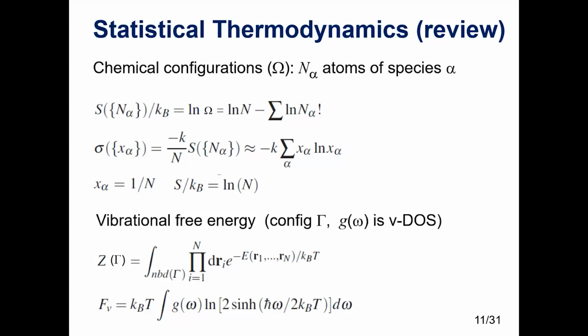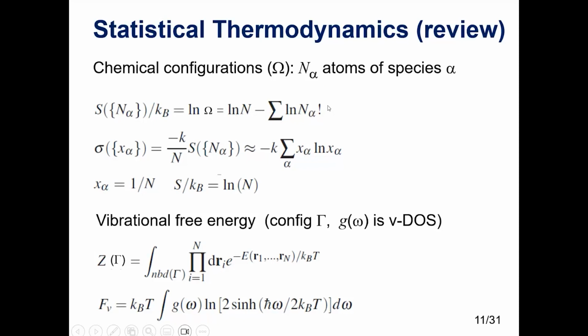Capital omega is nothing but the combinatorial factor for choosing n alpha atoms of species alpha and placing them among certain sites of a lattice of capital N total sites. And then if we've specified those choices for all of the different species alpha, this is meant to be a sum over alpha of the log of n alpha factorial. Then the log of n factorial minus the sum over alpha of log of n alpha factorial.